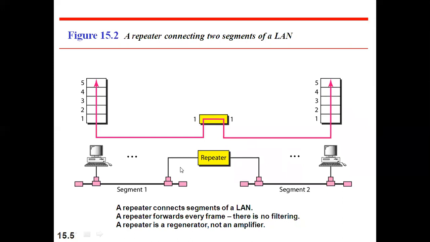Now where do we place a repeater? A repeater is placed at a distance where the energy is going to reduce, based on calculations of how much the energy will decrease or how far the signal can travel. Based on those calculations, the repeater is placed so that the signal is regenerated before it actually loses its energy.